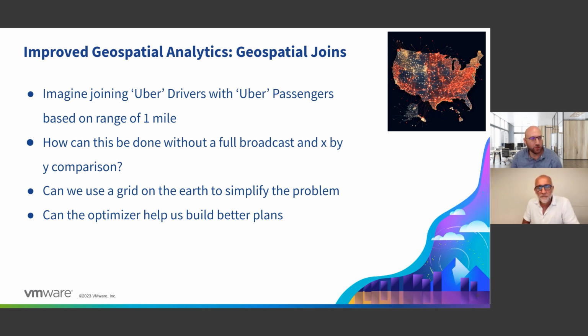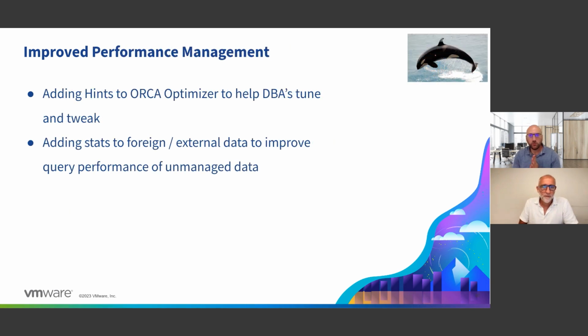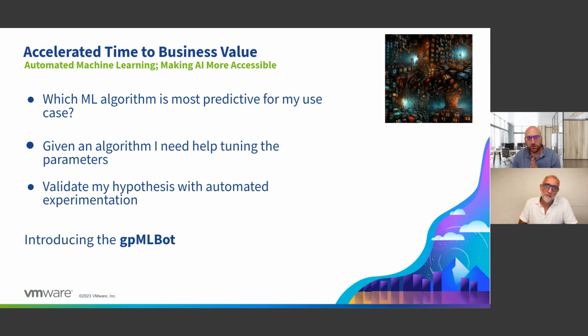Absolutely. And let me do the last one. I'm going to just jump to the last one that we have time for, which is, this is not the official name yet. We're going to have an official name for it. The unofficial name is the GPML bot, but we're going to build an automated machine learning capability. We think of it like an agent, an intelligent agent to help users do machine learning in Greenplum, right?